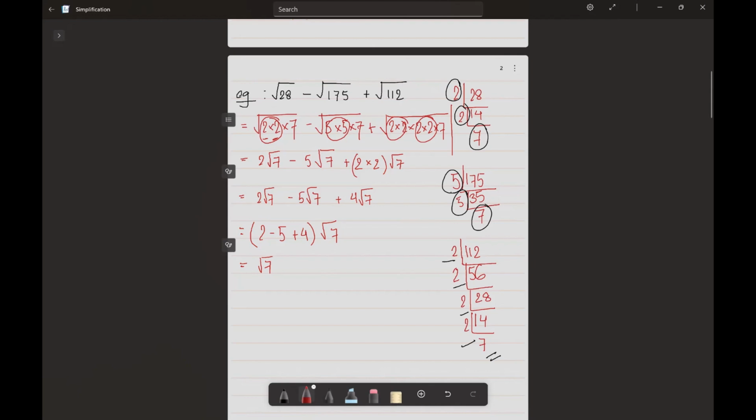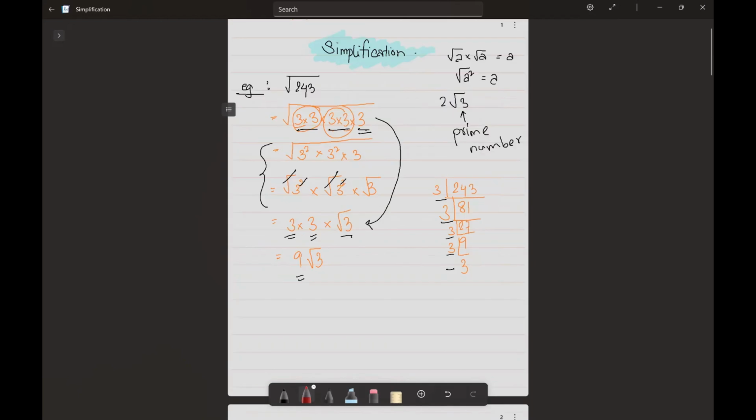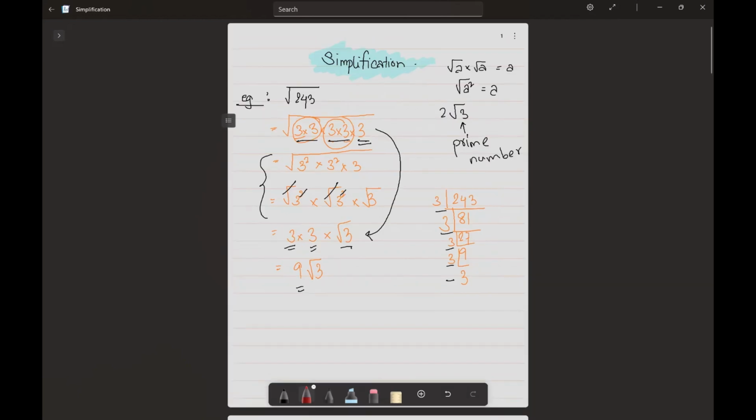Here, all of the numbers are different, so the roots are of different types. So for doing the calculation, we simplified each of the roots first. In order to simplify the roots, we have to take prime factorization. Our root is said to be simplified when we have a prime number inside the root.